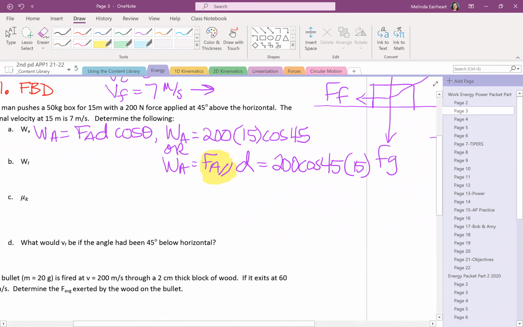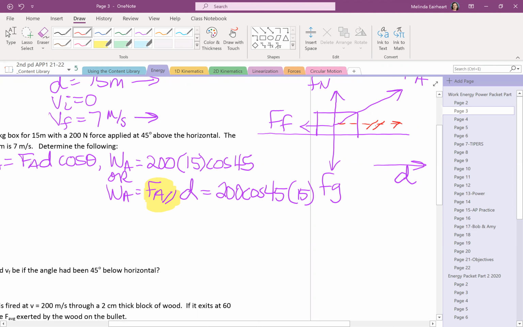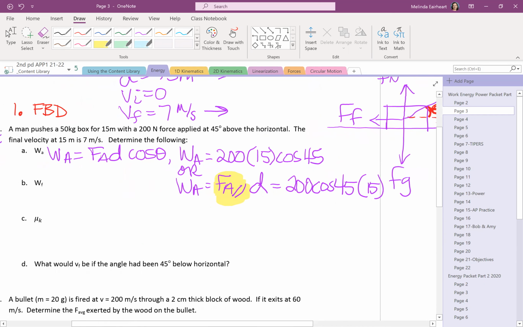Isn't F_Ax the parallel component that's parallel to the motion? And so notice the cosine theta. Where's theta? They said it was with the horizontal. Notice cosine 45 can go either place. It can be F D cosine theta or F cosine theta times D. So it's the same math, just a different approach. And you should get the same thing. So 200 times 15 times cosine theta gets us what answer for WA?